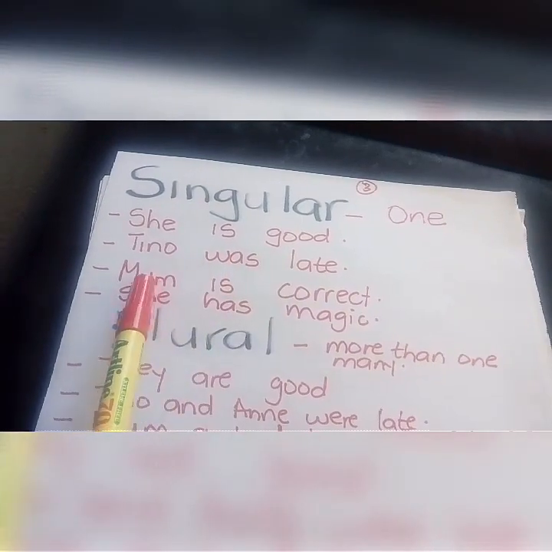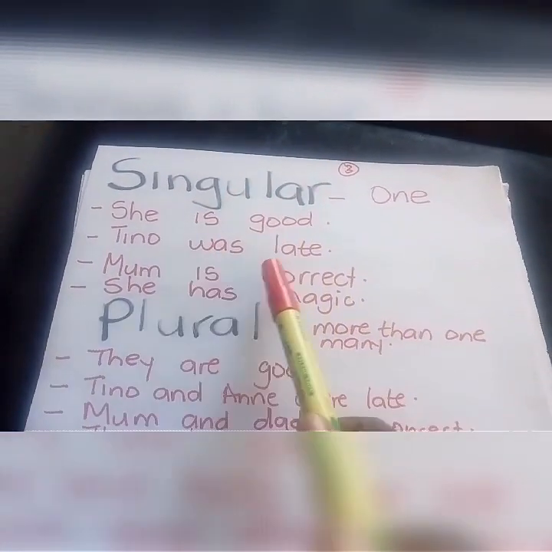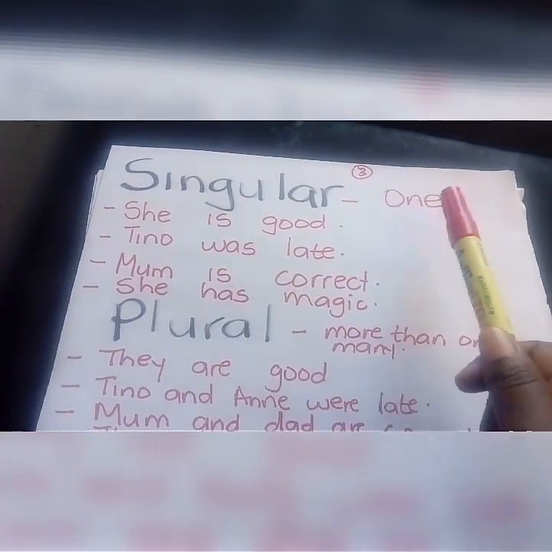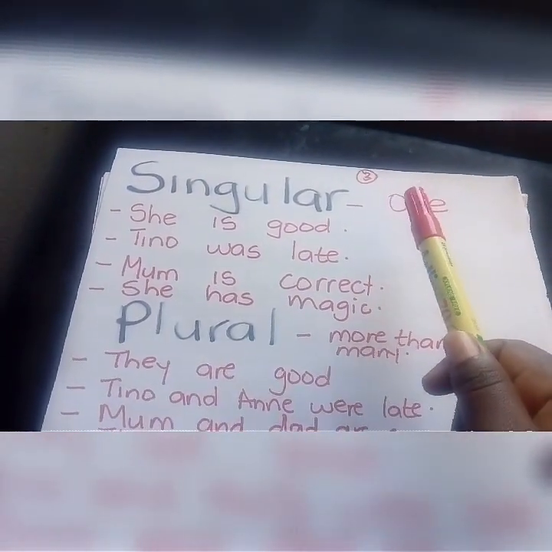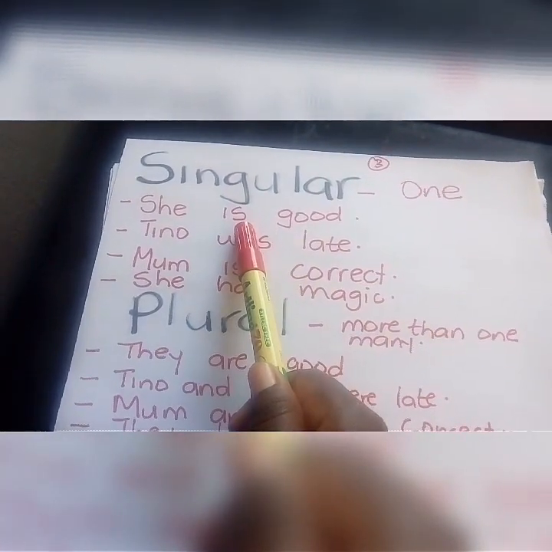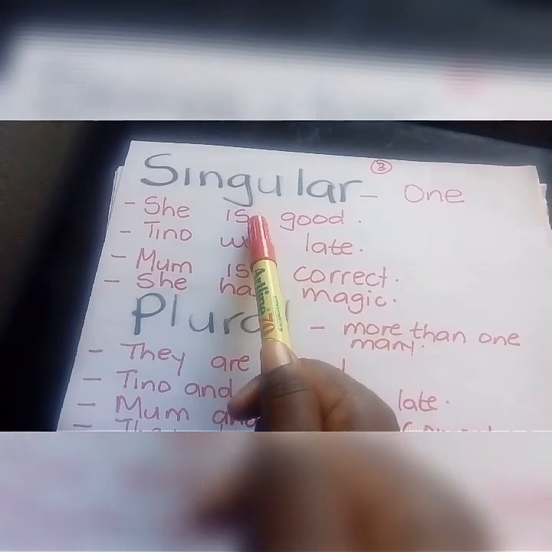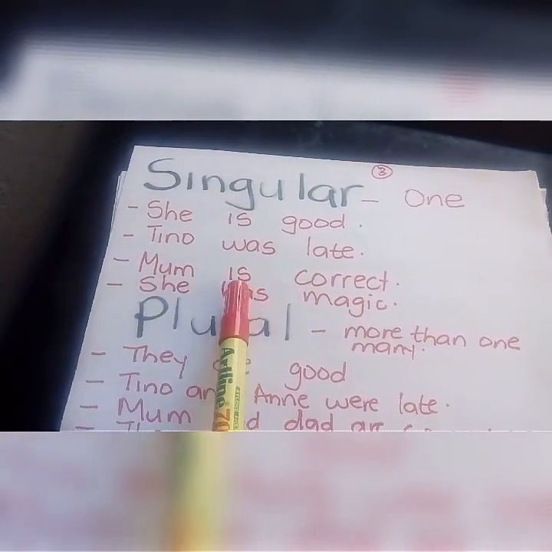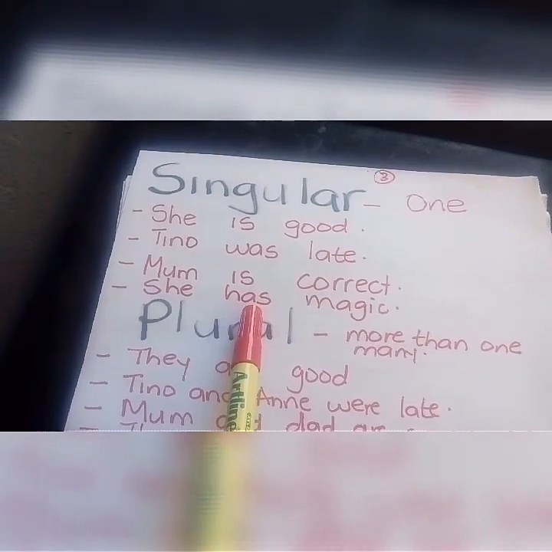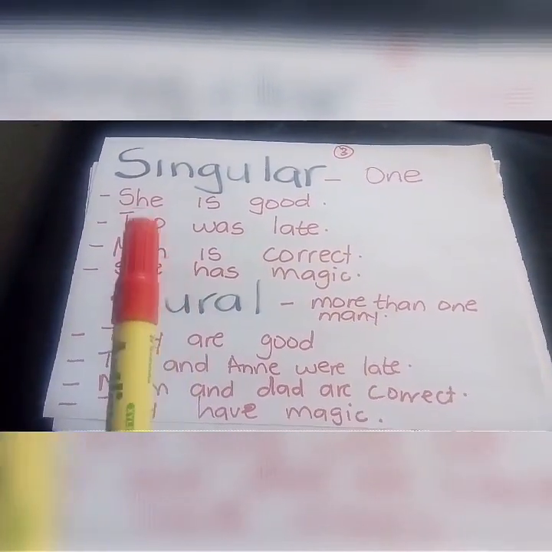Mom is correct. We are talking about one person. So in all the sentences, our subject is singular, and so is our linking verb. We use "is" for one person or one thing. "Was" is the past tense of "is." We are also using "has," which are all used for one person, one thing, one place, or one idea.